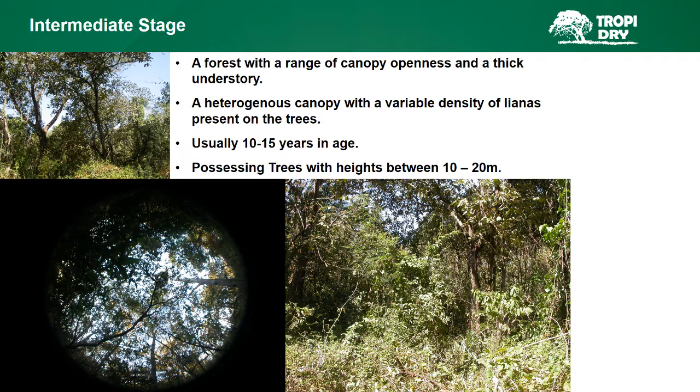And so there's a theory running right now that we will actually start to see a lot more intermediate stage forests as climate change progresses, because the severity of droughts might get worse. And so lianas will have an even better competitive edge over their host species.